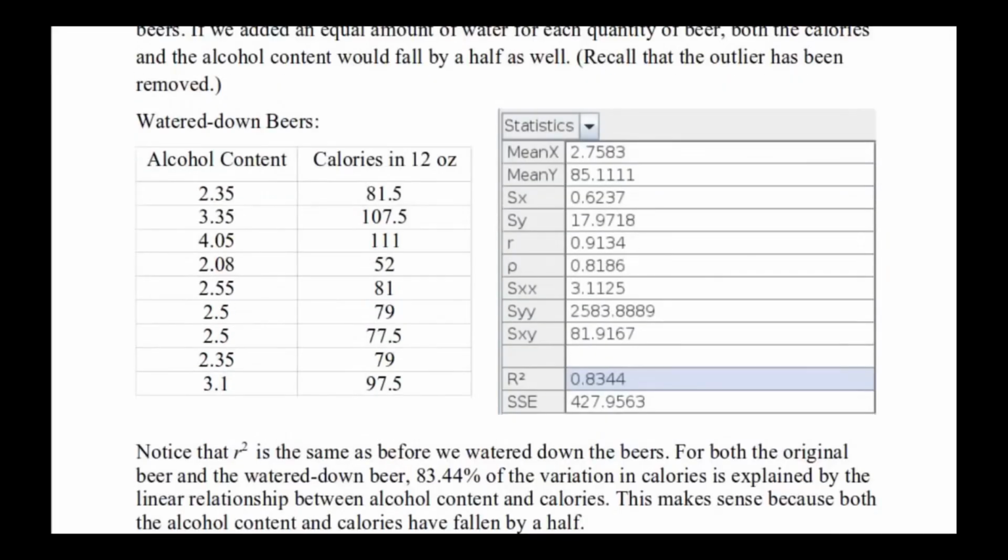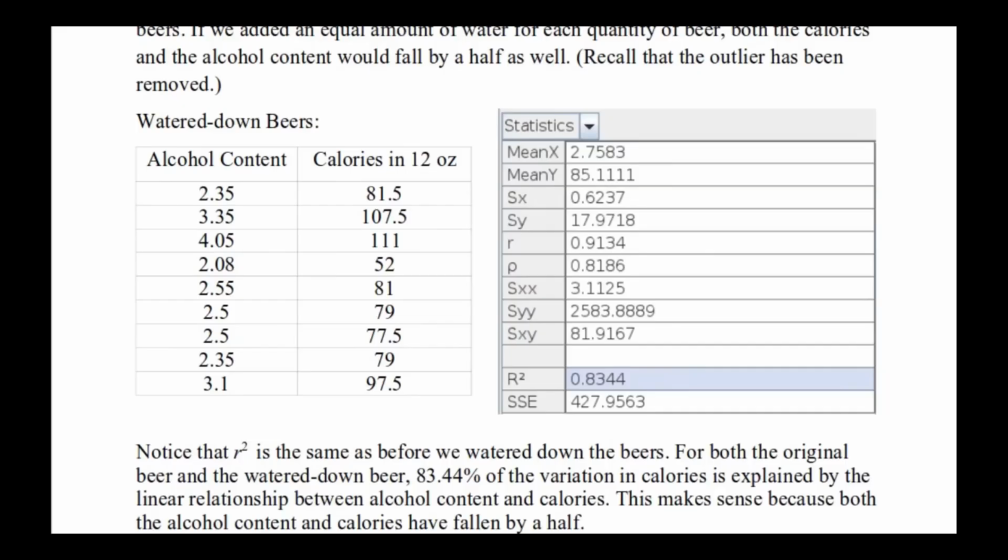So let's look at this new data. So here are our watered down beers. So the alcohol content has fallen by a half and the calories have fallen by a half. This then we can compute the R squared, the coefficient of determination. Notice that r squared is the same as before we watered down the beers.